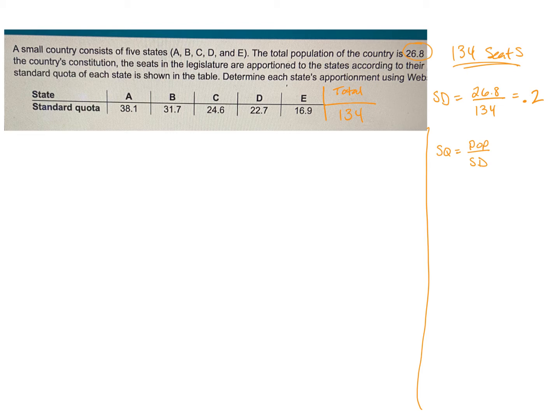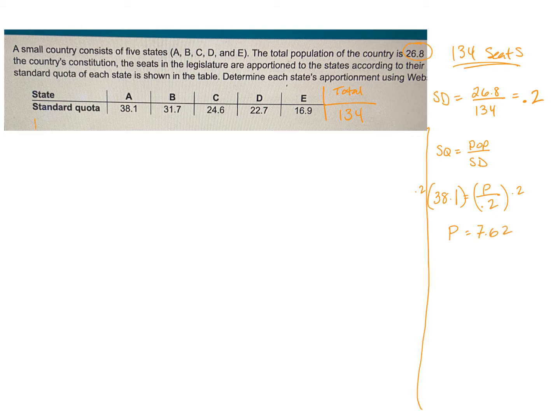So for state A, I put in 38.1. Population is what I don't know, and the standard divisor is 0.2. So I multiply both sides by 0.2 to get the population. 38.1 times 0.2 is 7.62.